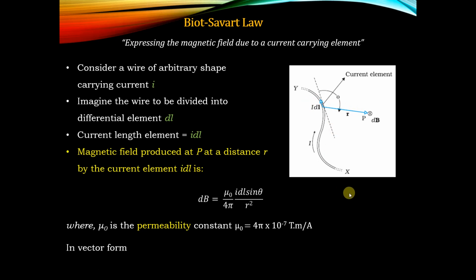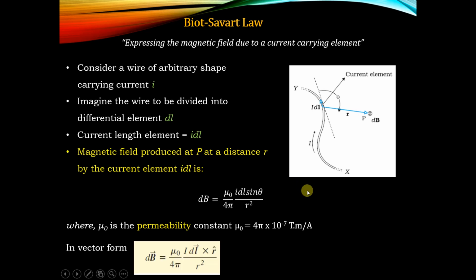So in vector form, I can rewrite this expression for the magnetic field dB as dB is equal to mu naught by 4 pi I dl cross r by r square. I dl sin theta is the component which we have considered, so that can be represented as I dl cross r. So dB is equal to mu naught by 4 pi I dl cross unit vector r by r square.